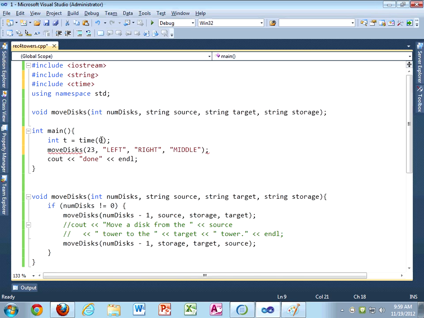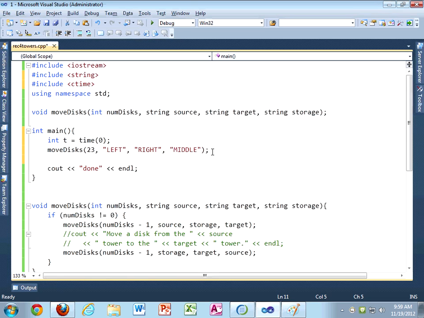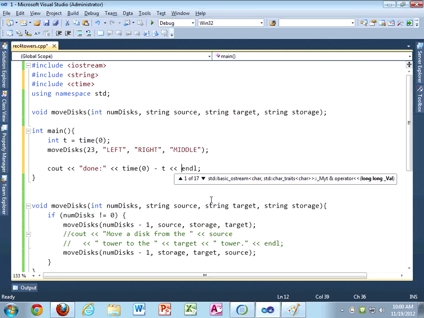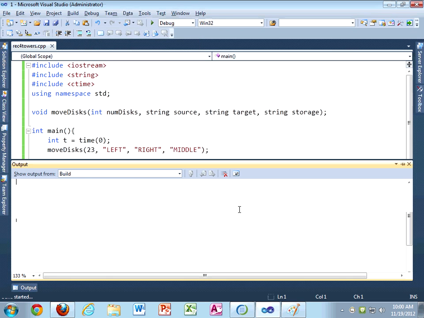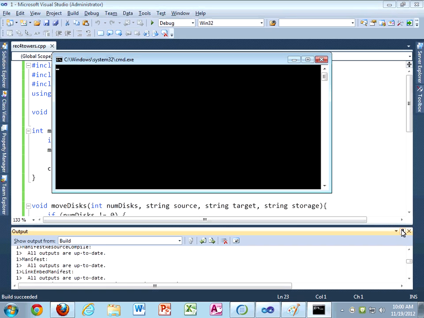I think we have to send it something. And then we can say time 0 minus t. That's how many seconds it took? Does that look right? 23 is still too big. Let's give it a minute.